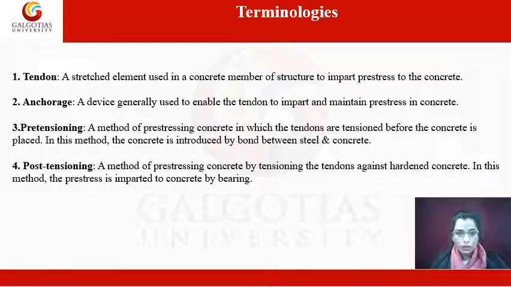Pre-tensioning is a method of pre-stressing concrete in which the tendons are tensioned before the concrete is placed, as I already mentioned in the previous slide. In this method, pre-stress is imparted by bond between steel and concrete. So this method is known as pre-tensioning.